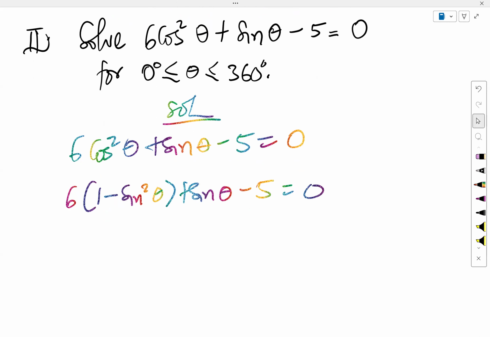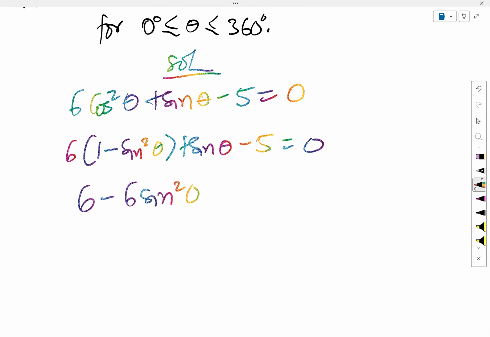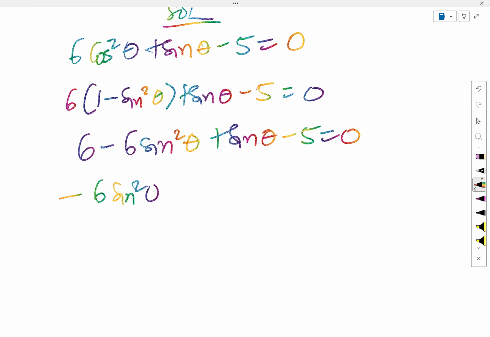Okay. So that means we have 6 minus 6 sine squared theta plus sine theta minus 5 equals 0. So if we deal with this, we have minus 6 sine squared theta plus sine theta.